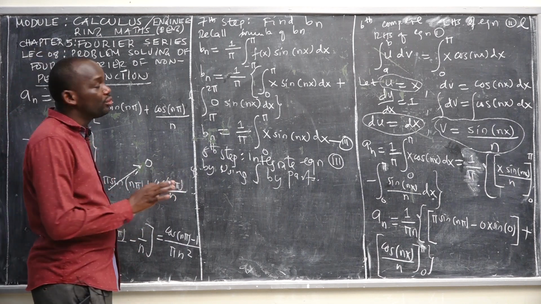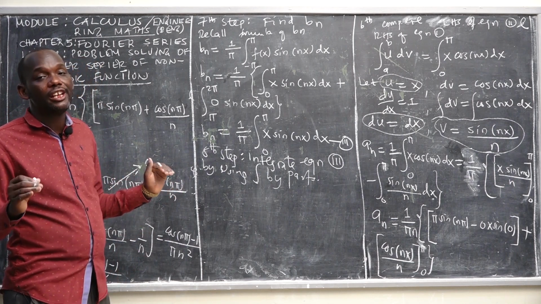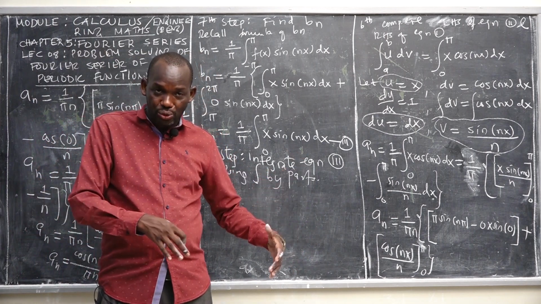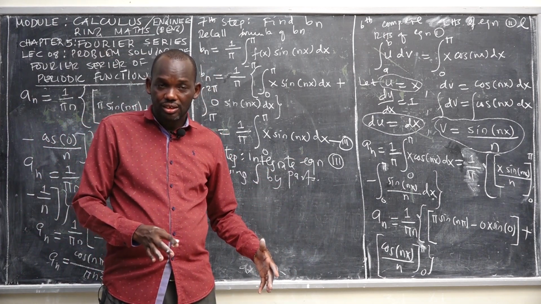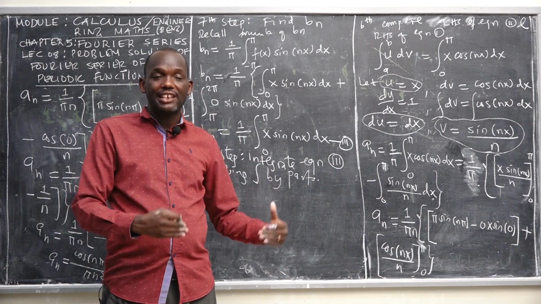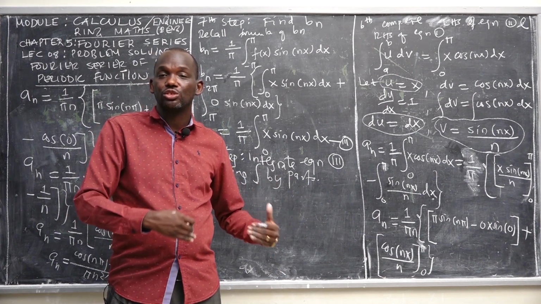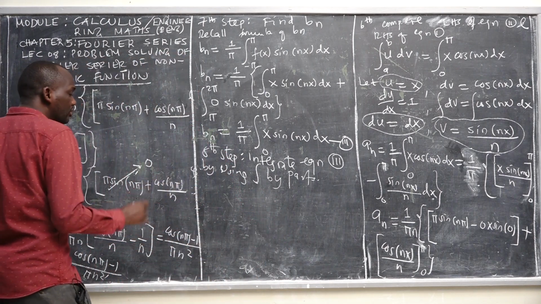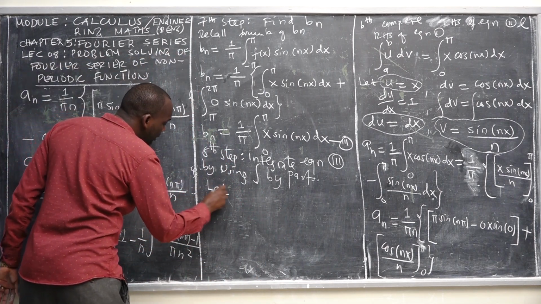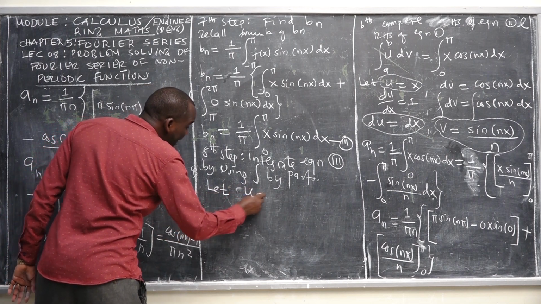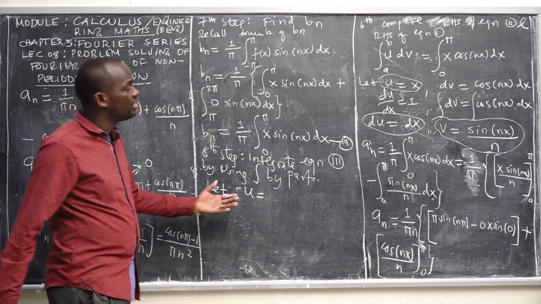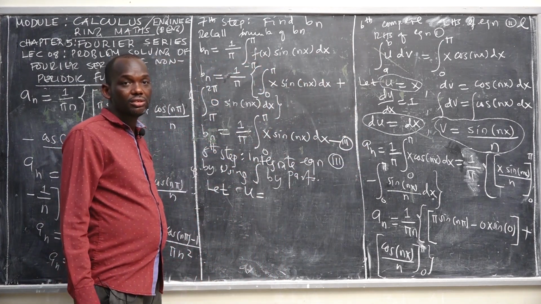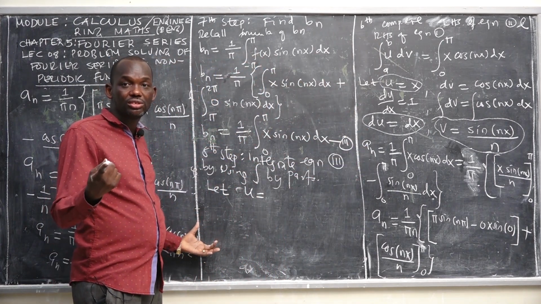There's no need for you to recall the formula because you have already introduced the formula within your solution. You have just numbered the equation, so simply you go straight forward, otherwise you'll be doing redundancy, repeating the same information. This is all about integration by parts that we have already discussed. So we are still solving the same question.